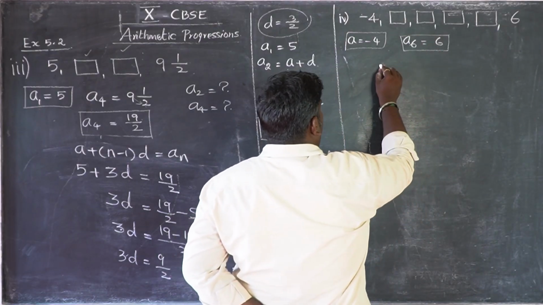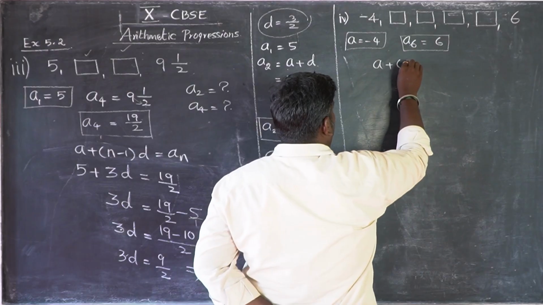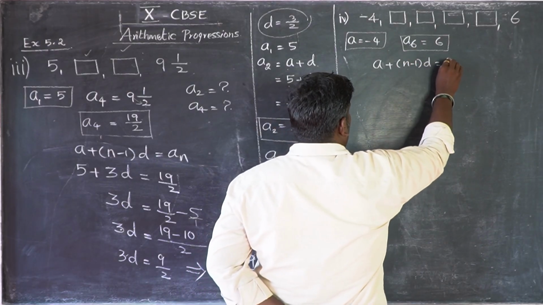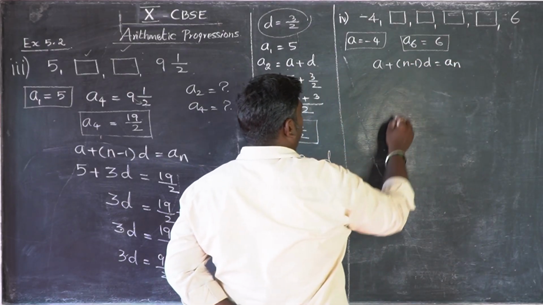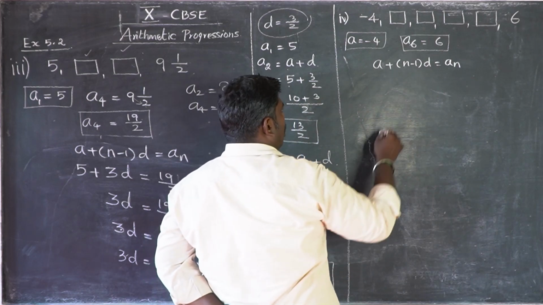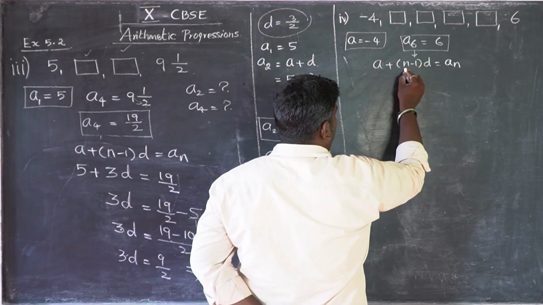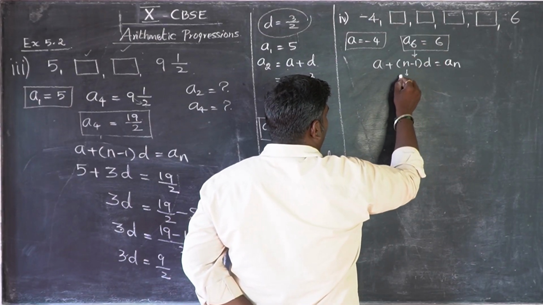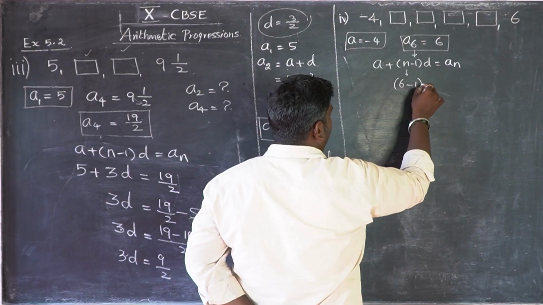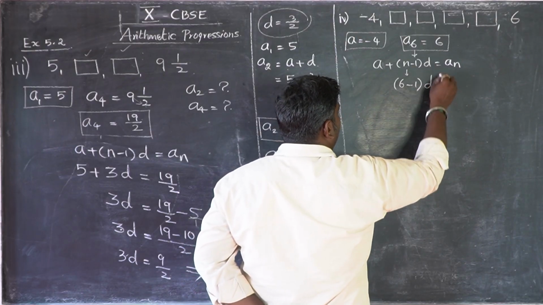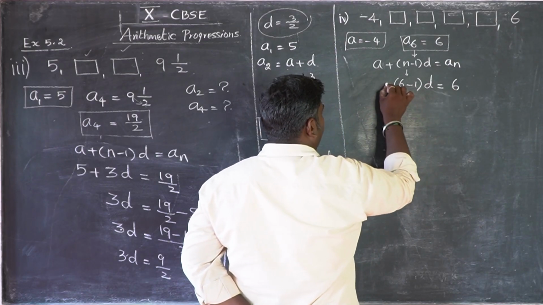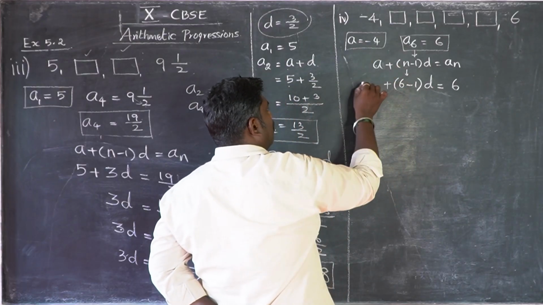Okay. So, we know the formula of the nth term: A plus n minus 1 into D is equal to an. This is the nth term of the AP. Now, I am going to apply the sixth term here. Sixth term, that means n value 6 minus 1. Common difference we don't know. Sixth term value is 6. Also, the value of A is minus 4.